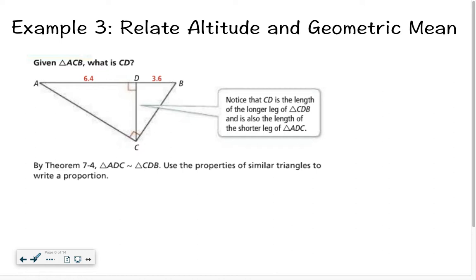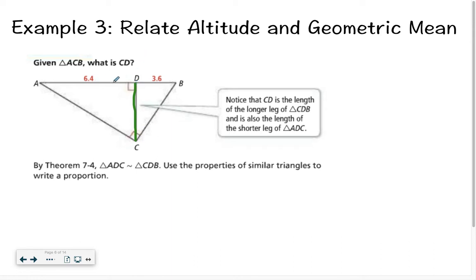Okay, example 3, relating the altitude and geometric mean. So we just found out how to find the geometric mean, and the way that you can find it is by setting up those proportions, like what we did on the last example. So if we have triangle ACB and we want to find CD, we do that geometric mean.